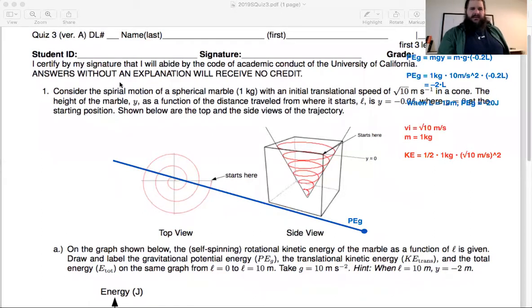So what's that going to equal? We've got square root of 10 squared, so that's 10. We're multiplying by 1/2. So 5 joules. So that's the initial kinetic energy. That is at L equals 0.